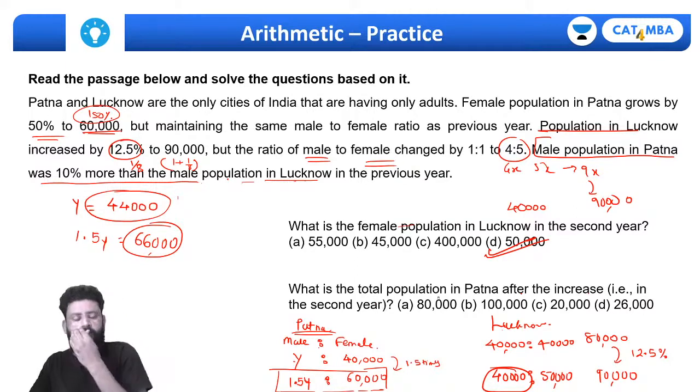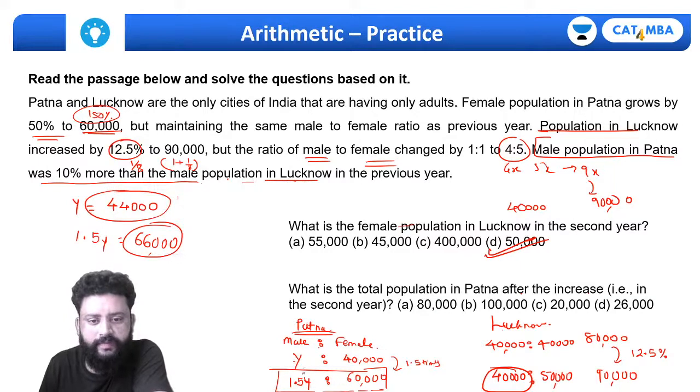Right. So what is the population of Patna after the increase? After the increase, the population of Patna will be 66,000 plus 60,000.